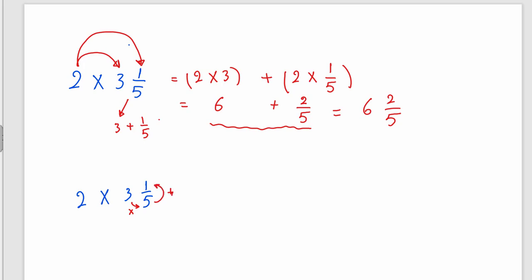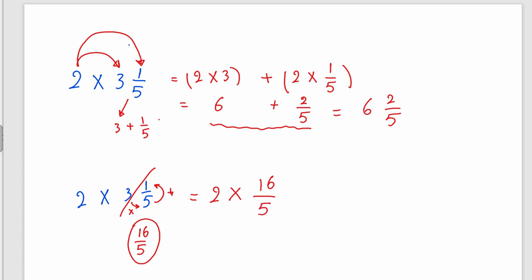So as a fraction we use the same denominator, and 3 times 5 is 15 plus 1 is 16. So I will erase this and use 16/5. So it will be 2 times 16/5.